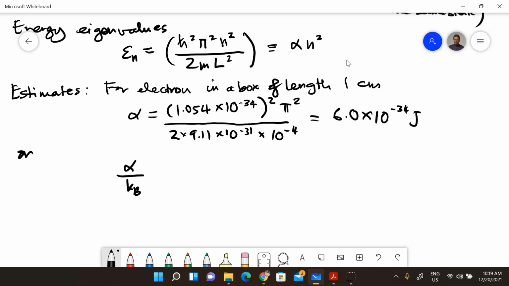So the dimension of energy divided by the dimension of the Boltzmann constant will give you the dimension of temperature. That gives you around 4.4 times 10 minus 11 Kelvin. So these are pretty small numbers, very small numbers.